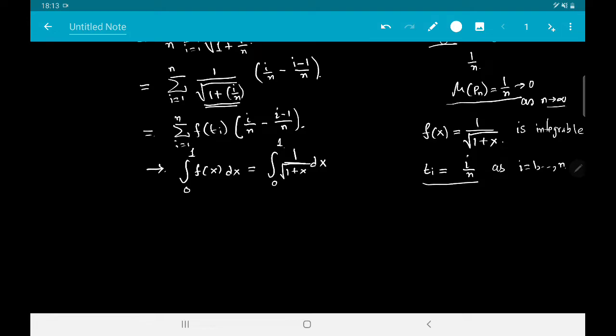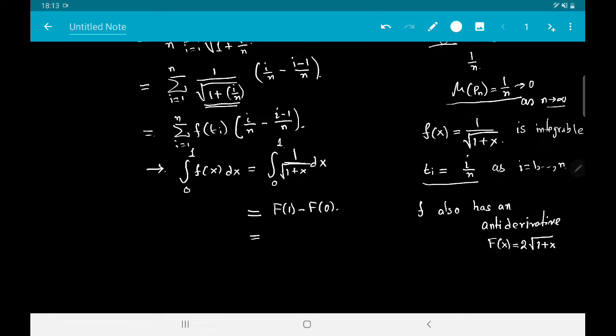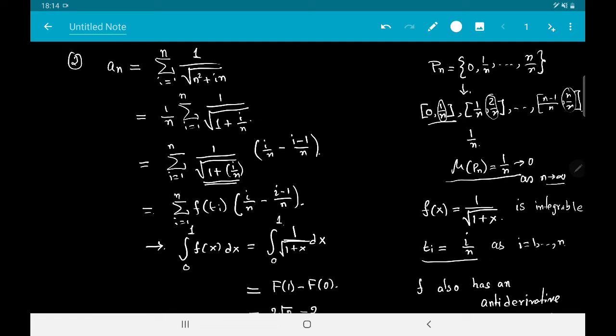This function also has an antiderivative, big F, where big F of x is equal to 2 times under root 1 plus x. So by the fundamental theorem of calculus part 2, this is equal to big F of 1 minus big F of 0. And what is the value? F of 1 is 2 root 2 and F of 0 is 2. So this is the answer. This is the limit of this sequence.